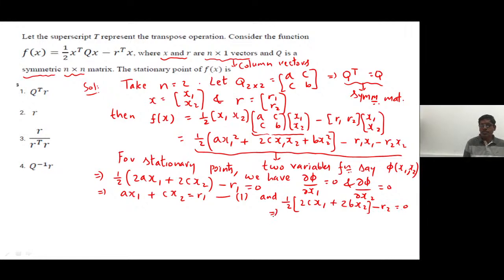This simplifies to c x1 plus b x2, shifting the constant r terms to the right side, equals r2. It looks like non-homogeneous equations, equation 2.